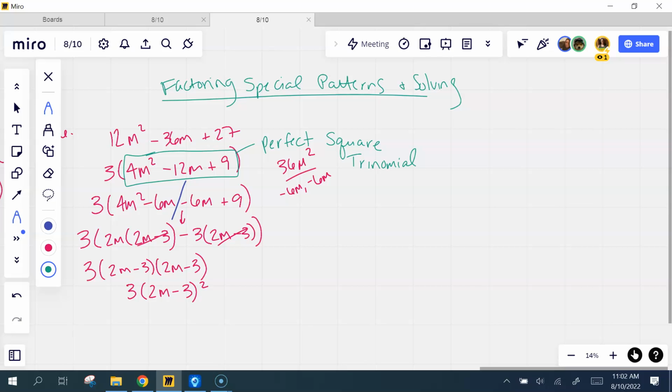Because remember, if the middle sign's ever negative, it changes the last sign. We factored a perfect square trinomial. Today's lesson is about recognizing a perfect square trinomial and factoring with the shortcut.